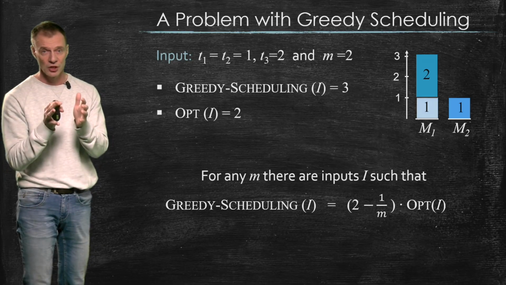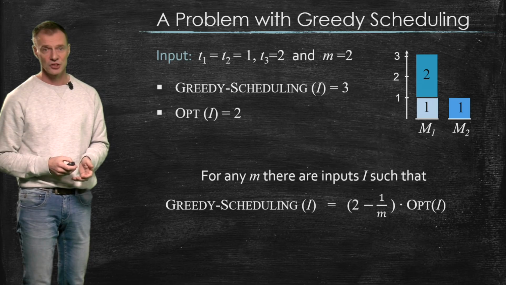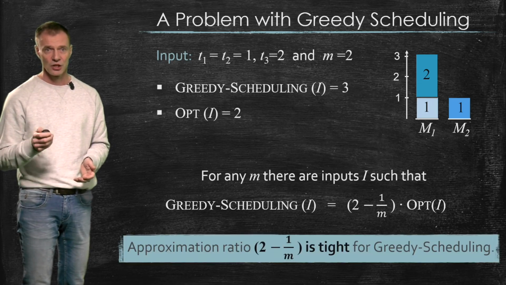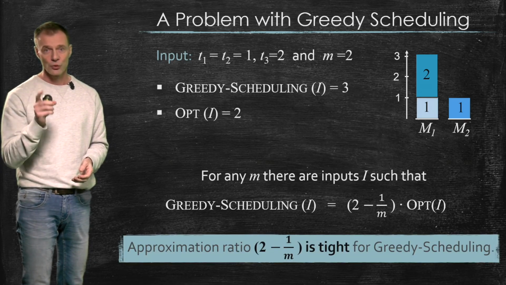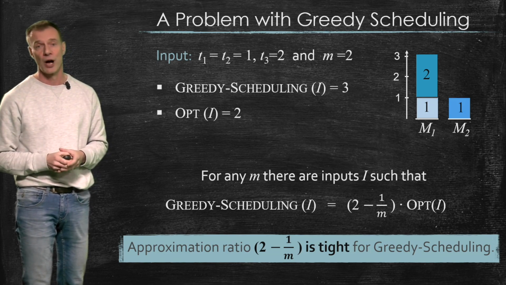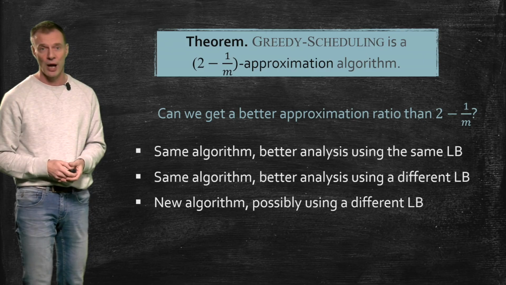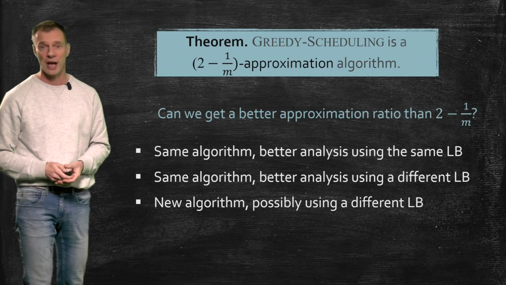Okay, so that means that here we have an example where our analysis is tight, where the greedy algorithm gives exactly 2 minus 1/m. So we can try what we want in better proofs or different lower bounds, but this is simply what can happen.